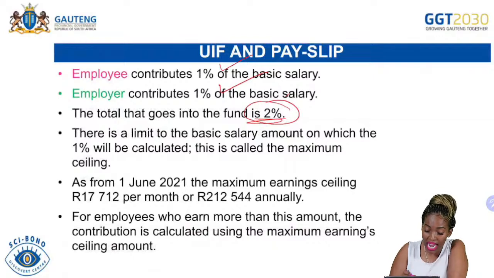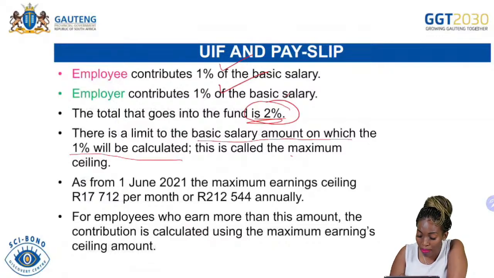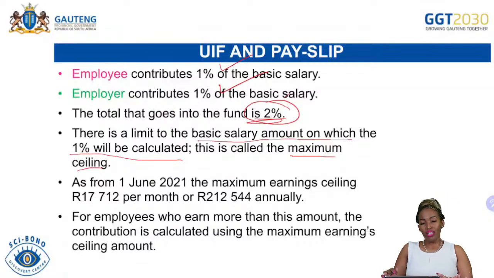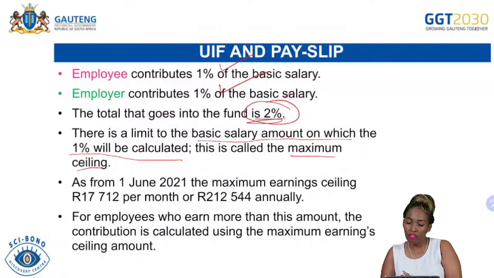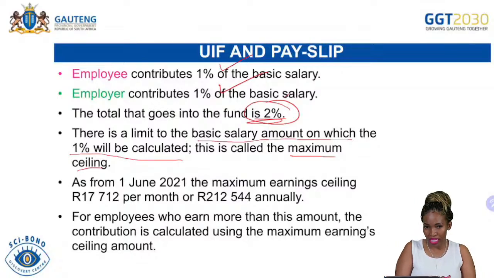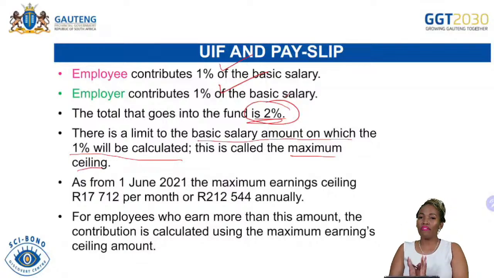Now, there is a limit to the basic salary amount on which the 1% will be calculated, and this limit is called the maximum ceiling. What does that mean? As much as they are going to deduct 1% from my basic salary, and my employer is also going to contribute 1%, with the total that goes into the fund being 2%, there is a limit.